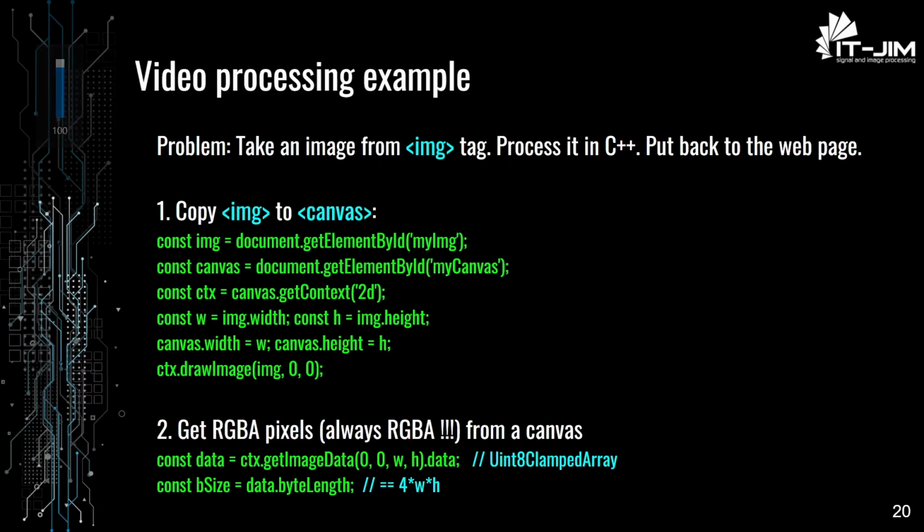You find the various HTML elements by their type or ID, find the width and height, and you copy the image to a canvas. From the canvas you can get the data as pixels, RGBA, always RGBA, never RGB, as a JavaScript binary array. Next slide, please.